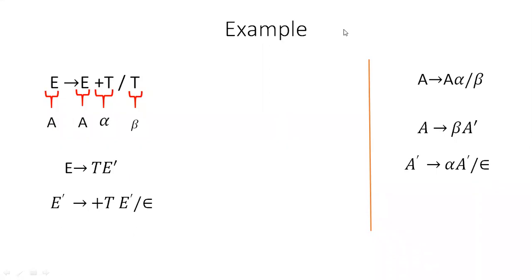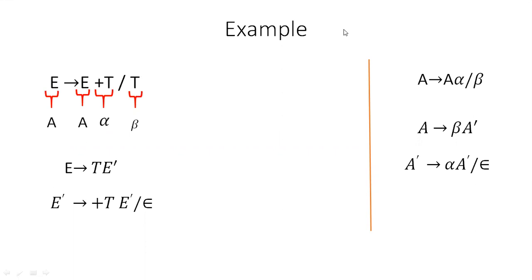Make a note of this statement, when to do the left recursion elimination; this is the most important thing that we should all note down. One thing: the grammar is unambiguous, right?